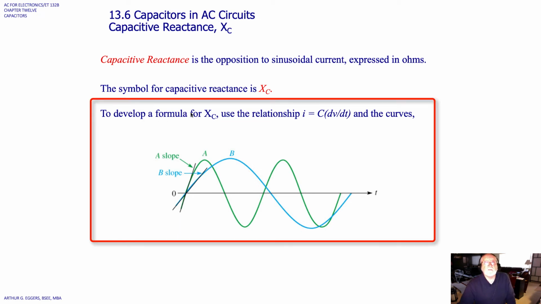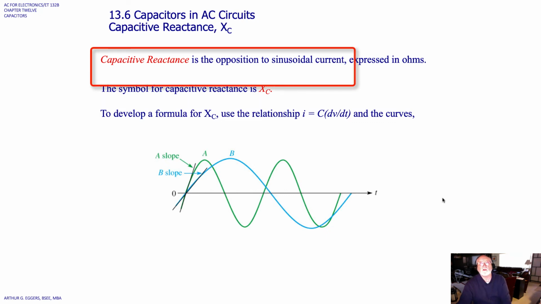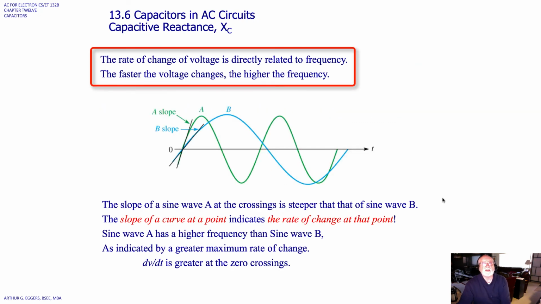To develop the formula X sub C, we use then that relationship that we started with. The current is equal to C, the rate of change dV by dt, and the corresponding curves here. So you can see here what's going on with curve A, curve B, that we start to have and develop, there's our slope right there, we start to develop this phase change or this phase relationship.